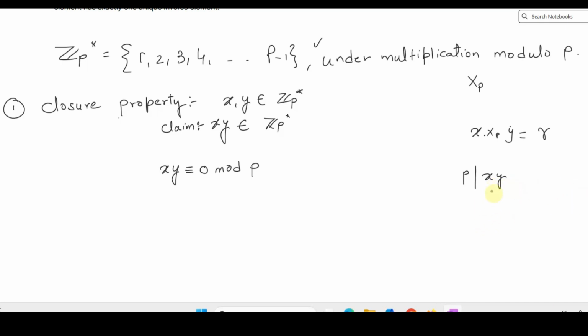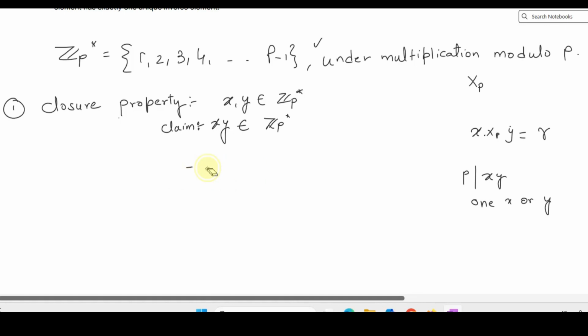If p divides xy and p is prime, it means that one of x or y is a multiple of p, then only it can divide this product. Which is not true because neither x nor y is a multiple of p. Therefore this product will never leave remainder 0 when divided by p. So definitely xy will also belong to Zp star. So the closure property is satisfied.